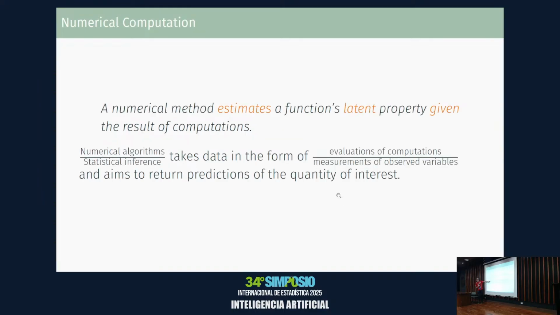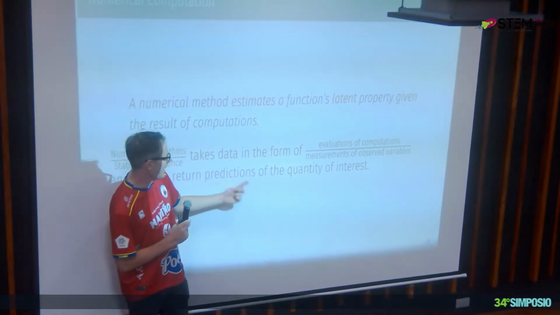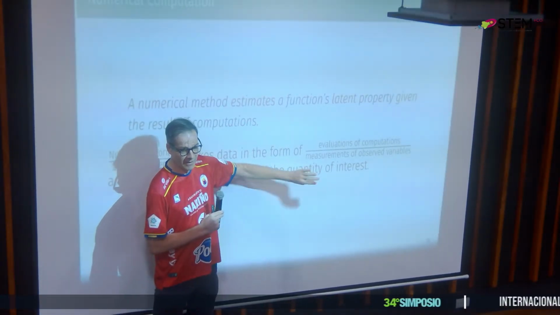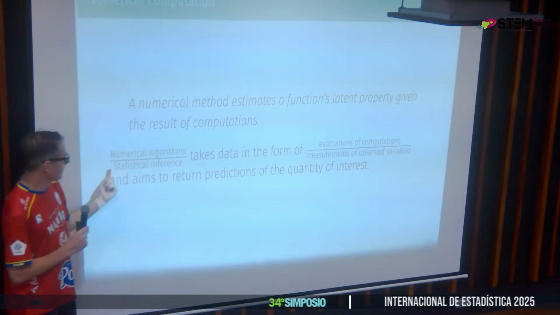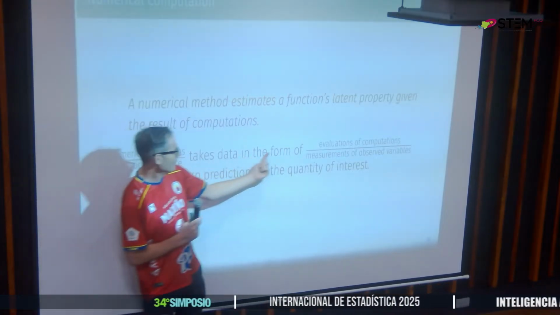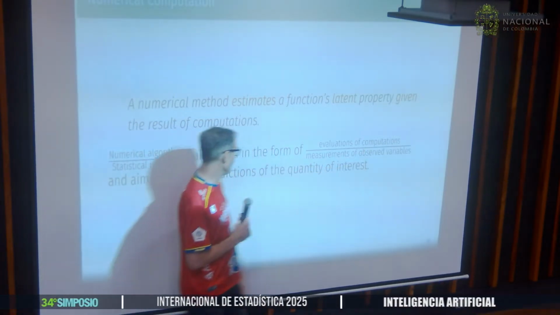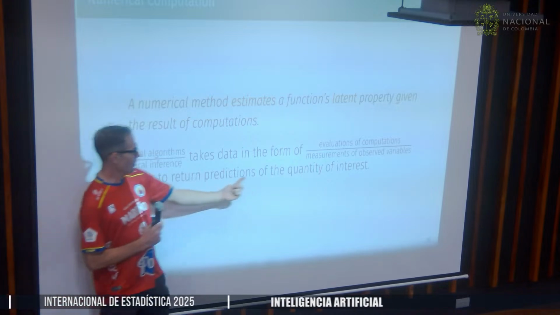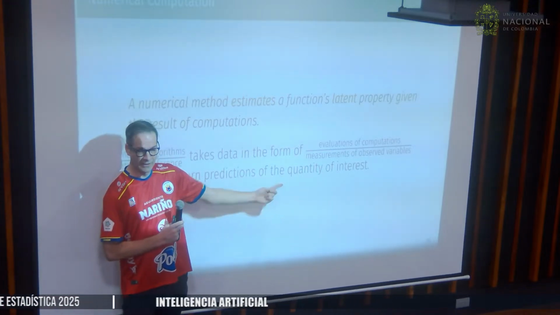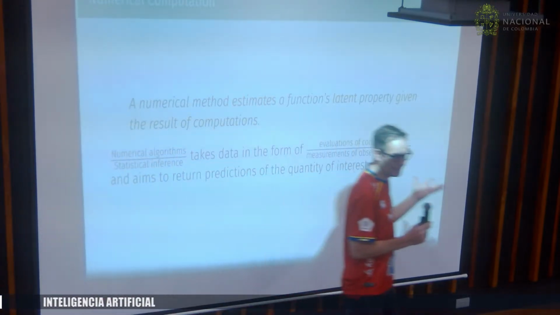Numerical algorithms therefore take data in the form of evaluations of computation and aim to return a prediction of the quantity of interest. What is statistical inference? Statistical inference takes data in the form of measurements of observed variables and aims to return predictions of the quantity of interest. They're exactly the same, right?